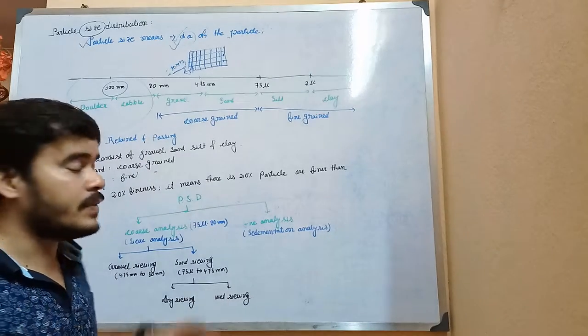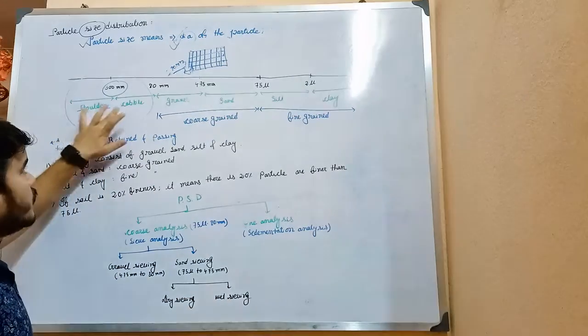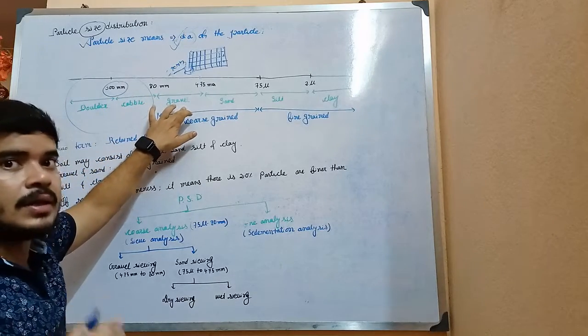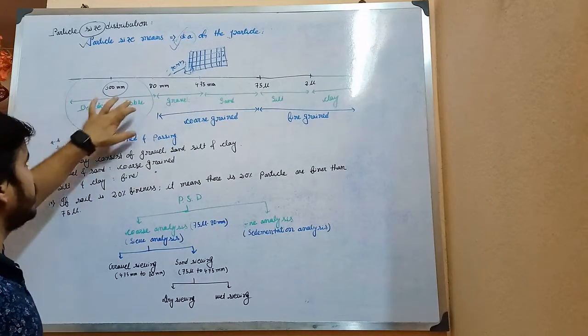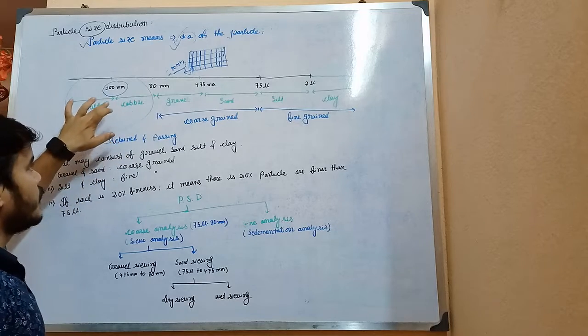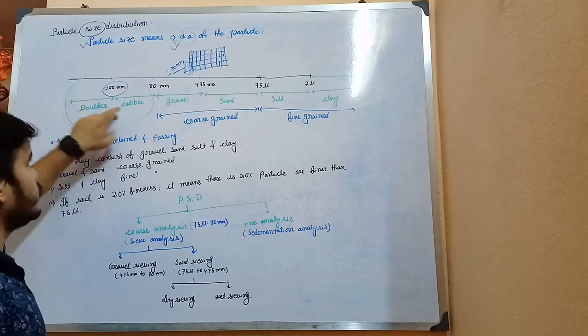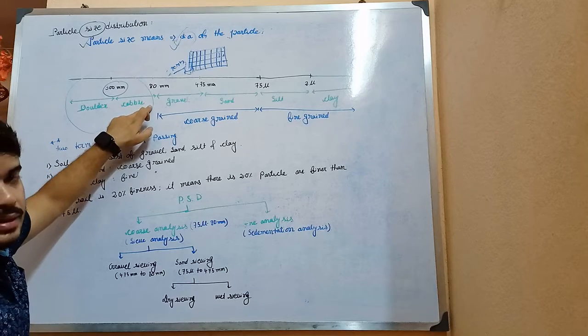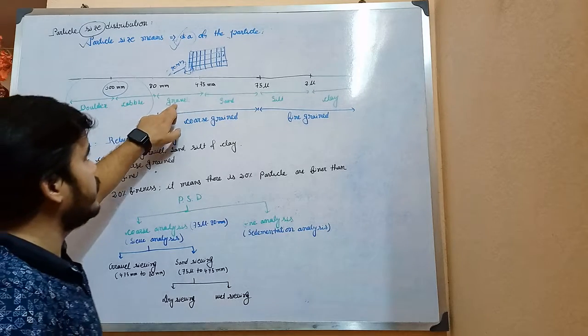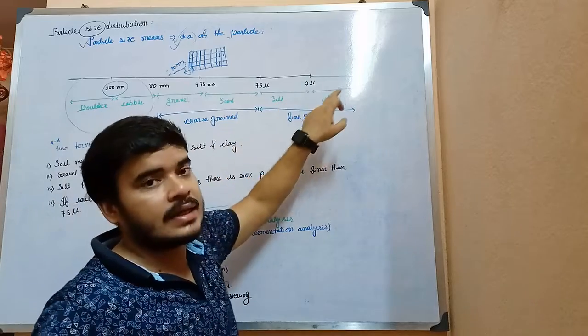We have to make its size smaller, then convert it into gravel. Then we can build something on it. So there is no engineering work with these two, boulder and pebble. We have to deal only with gravel, sand, silt and clay.